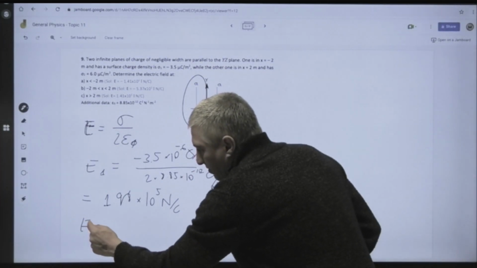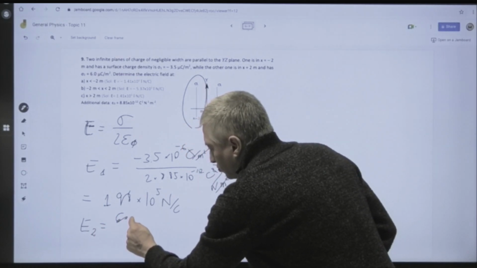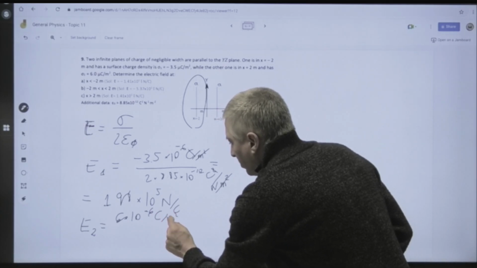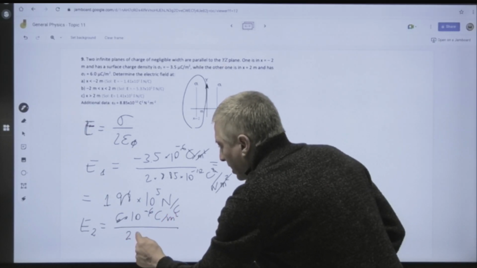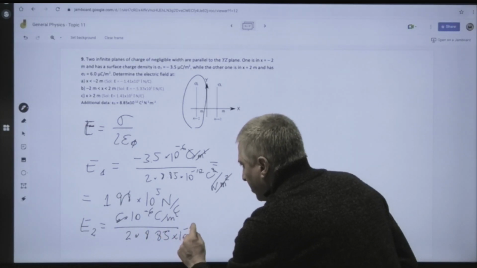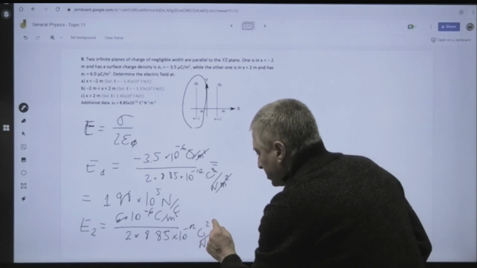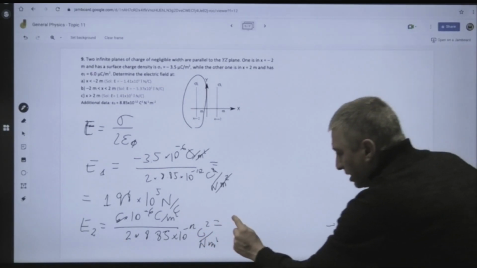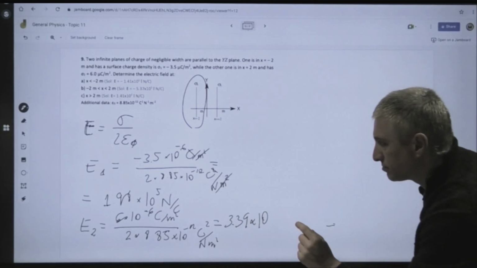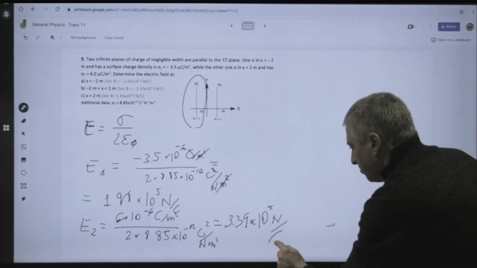Now for the second surface, of course we have 6 times 10 to the minus 6 coulombs per meter square, divided by 2 times 8.85 times 10 to the minus 12 coulomb square divided by Newton meter square, which in this case is 3.39 times 10 to the 5 newtons per coulomb.